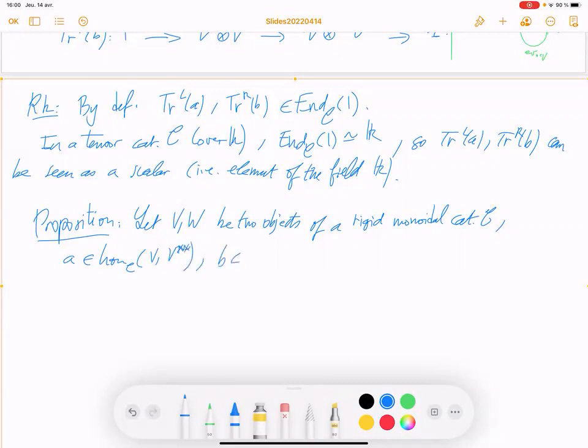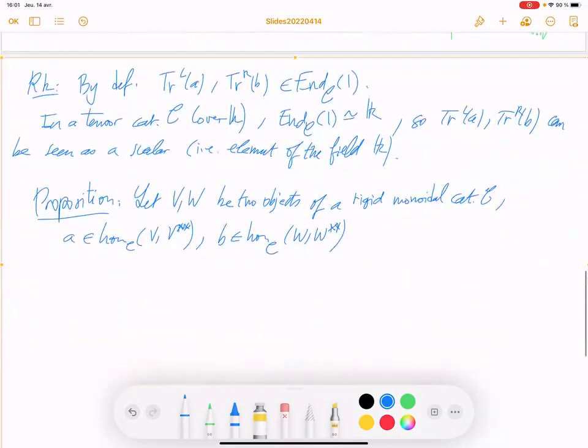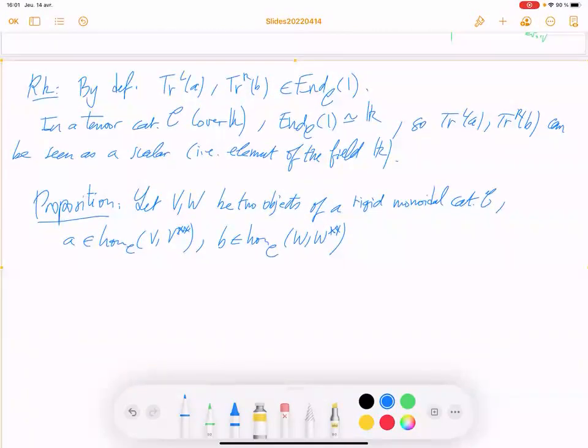And now B is a morphism between W and W double star. So B is not the same as the B above. So be careful, it's not the same B.